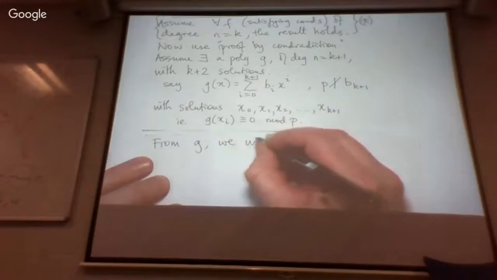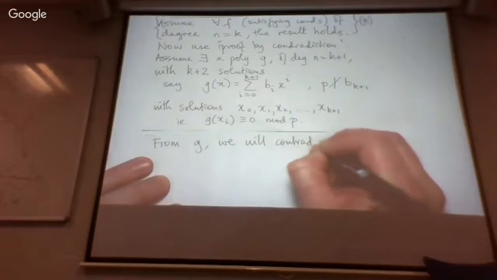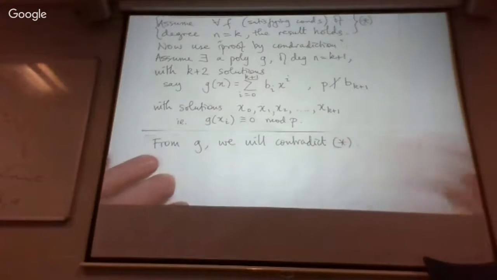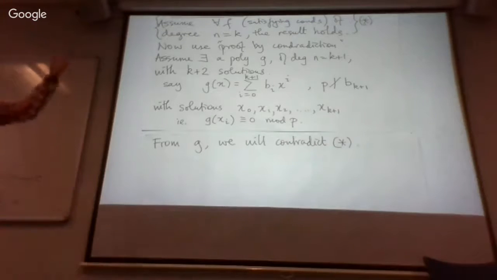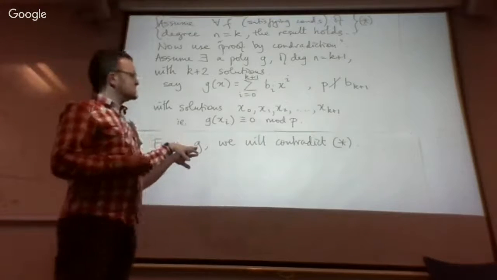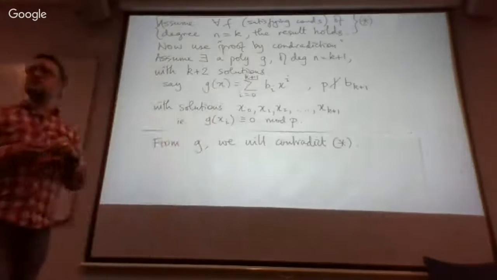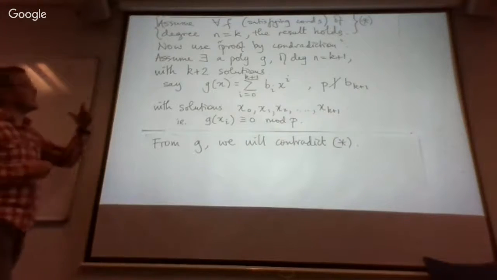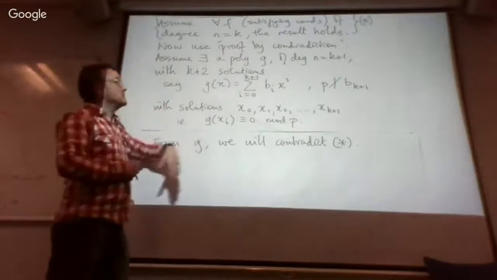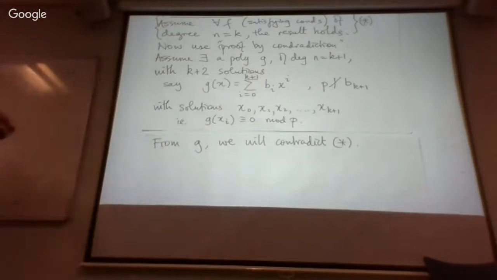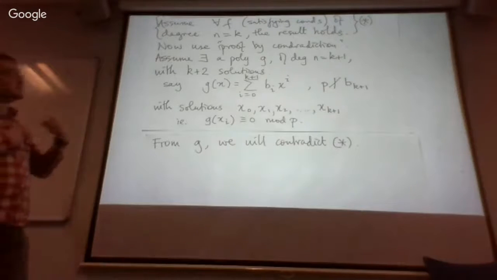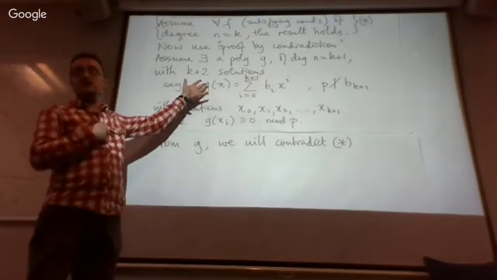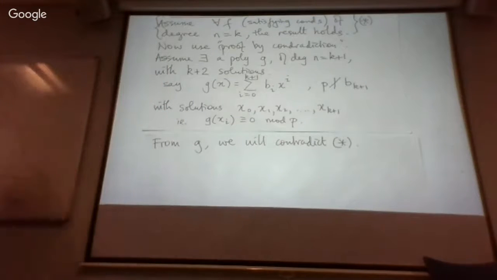we will contradict the assumption made at the start. That's the induction assumption at the top of the screen there. And once we show that the existence of g contradicts the assumption star, that completes the inductive step. Because that proves that if you assume that star is true, it must also be true for the next set of polynomials of degree 1 higher, because the existence of a polynomial of degree 1 higher which contradicts it is incompatible with the induction assumption.